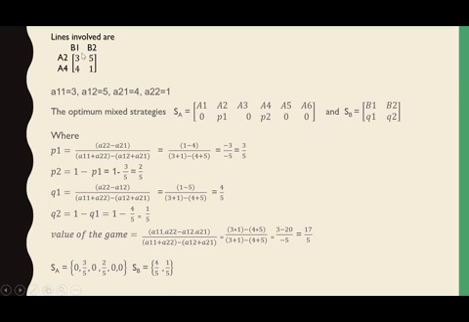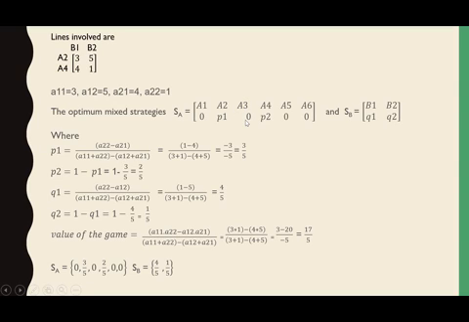So B1, B2, A2, A4, 3, 5, 4, 1 is the matrix. So A11 is 3, A12 is 5, A21 is 4, A22 is 1. So the optimal mixed strategy for SA: A1 is not picked, so probability 0. A2 is picked, so probability is P1.